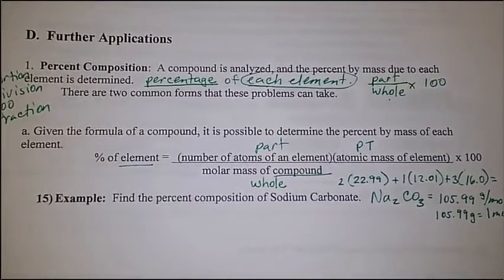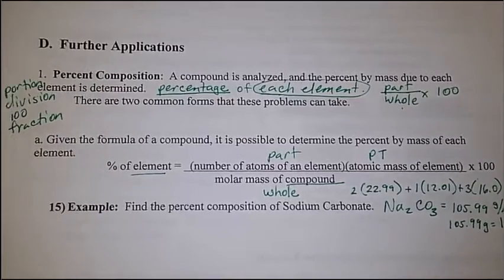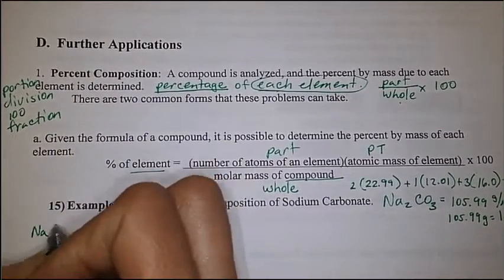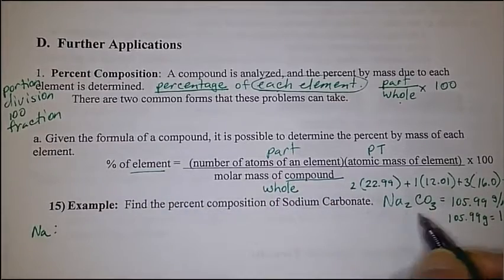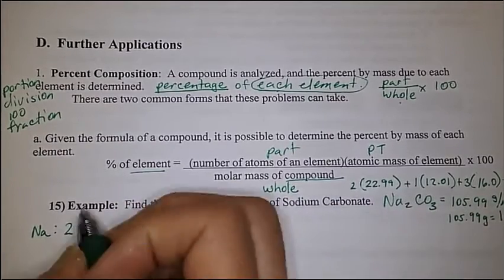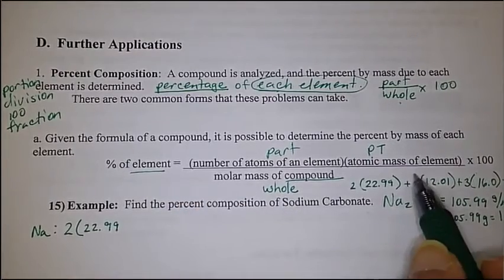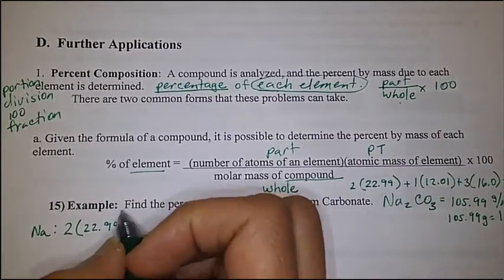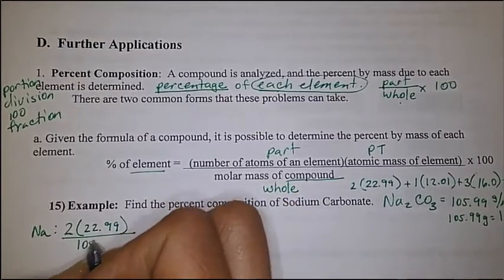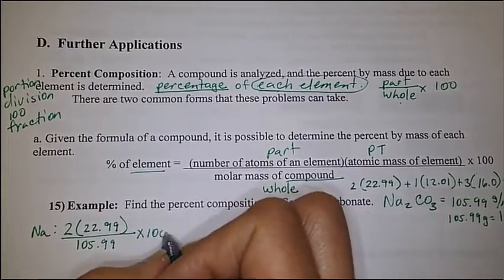Okay? So when we find the percent composition for this, we are going to have sodium right here. Sodium. And we're going to follow this formula. There are 2 sodium atoms. Each sodium atom has a mass of 22.99, which I did calculate from my periodic table, divided by the total mass, which is 105.99, times 100.